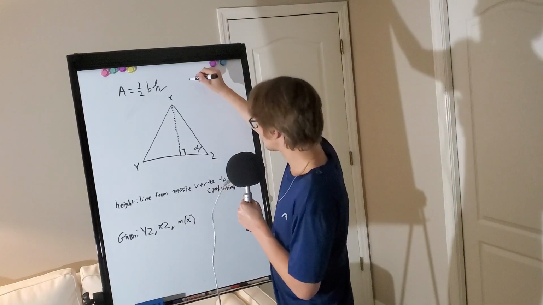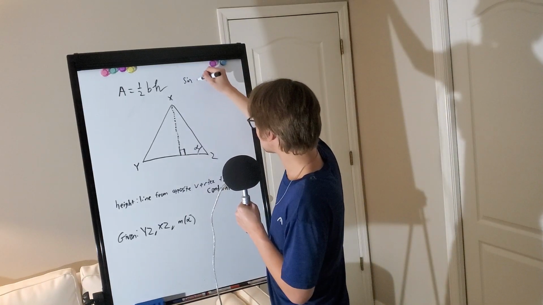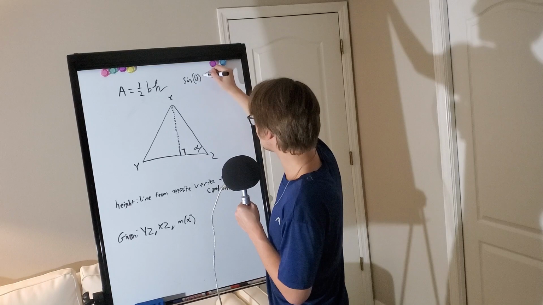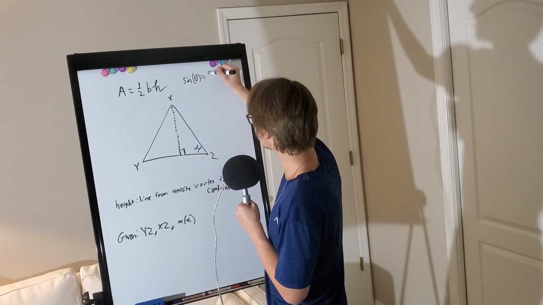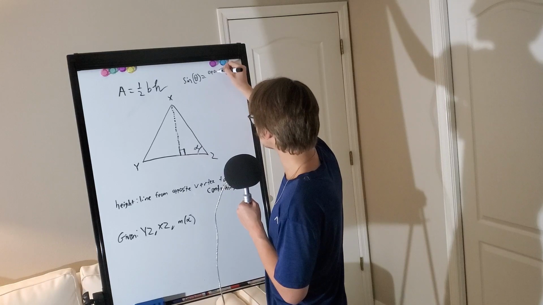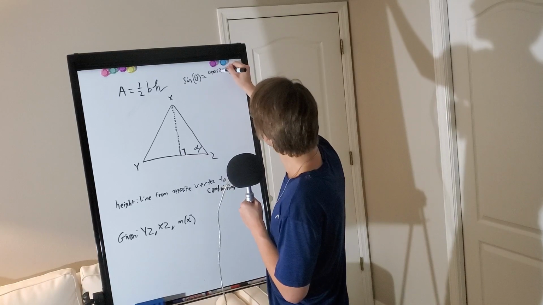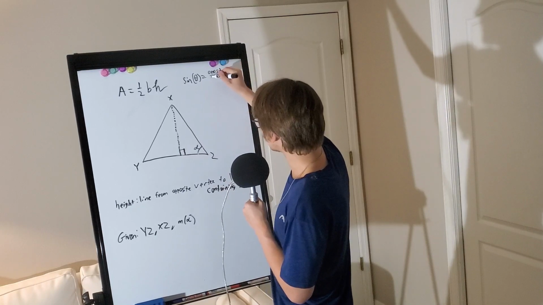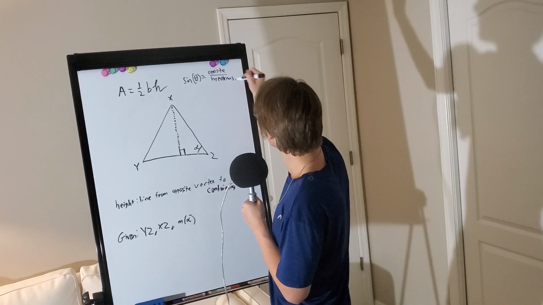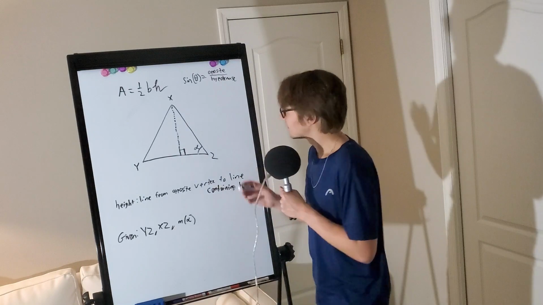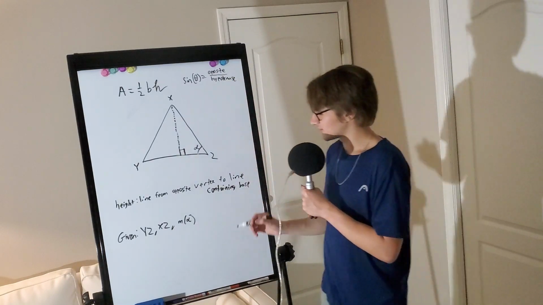And since we know the definition of sine of some angle, it's just, in a right triangle, the length of the opposite side divided by the length of the hypotenuse, right? Let's use that definition here.